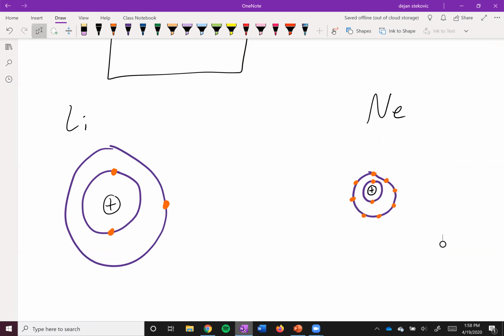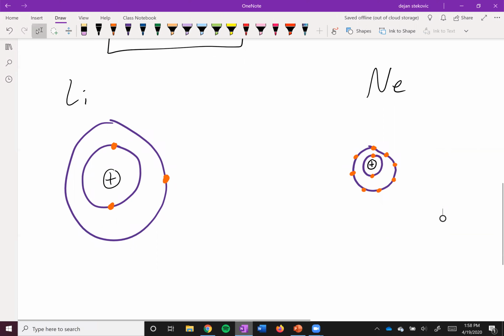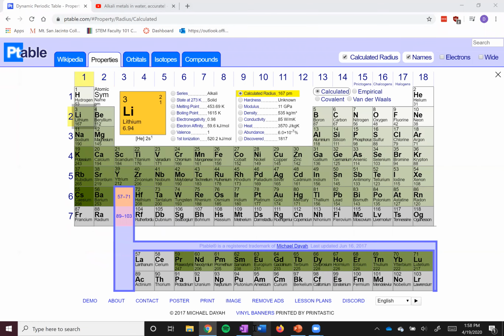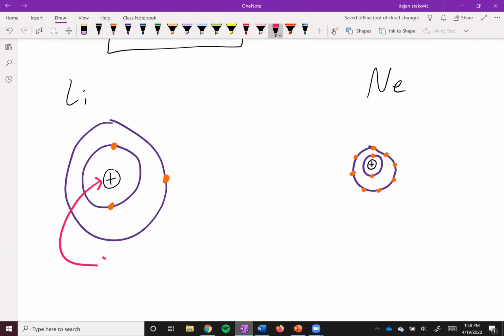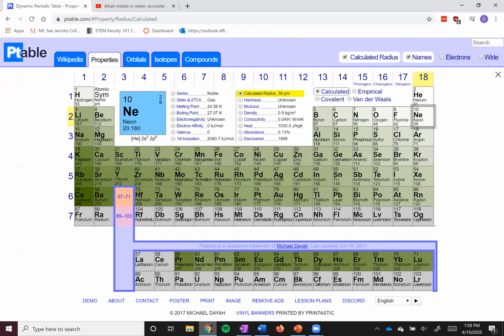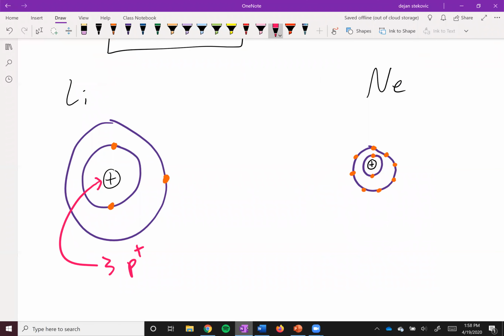So it looks weird at first look. You're thinking neon has more electrons. Why is it smaller? Well, we have to think about what's going on in the nucleus as well. Remember lithium here. Lithium is the 3rd element, so it has 3 protons. Neon, the 10th element over here, is going to have 10 protons. And remember shielding.